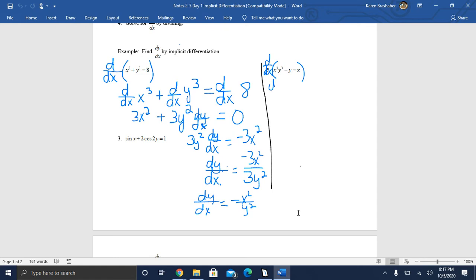So I'm doing the derivative with respect to x of x to the third, y to the third. And then minus the derivative with respect to x of the y term. And then after the equal sign, the derivative with respect to x of the x term.